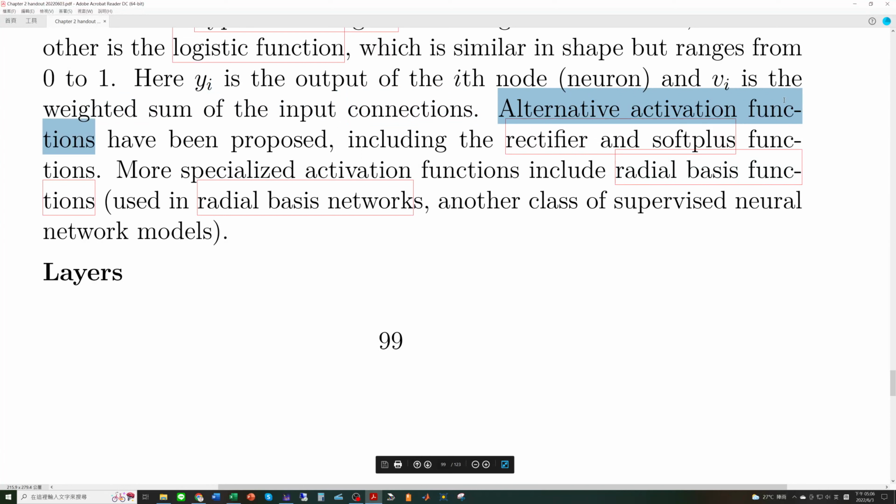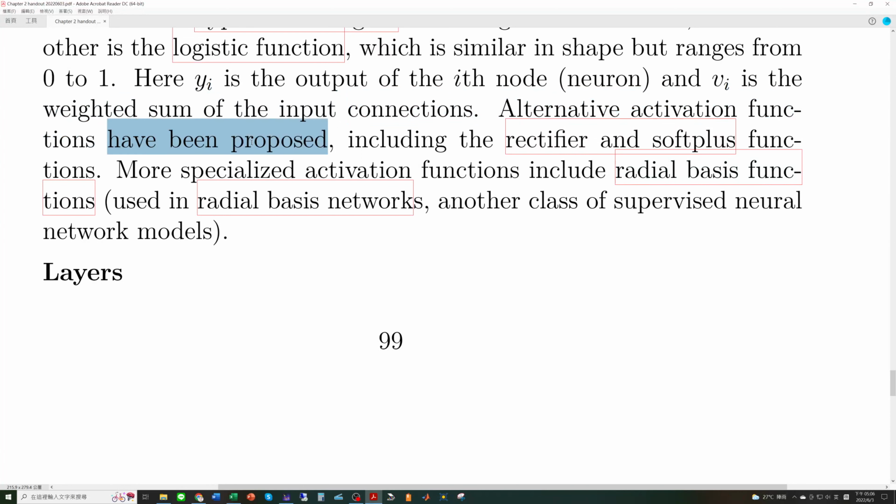Alternative activation functions have been proposed, including the rectifier and the softplus functions. I will introduce what the rectifier and softplus are later.